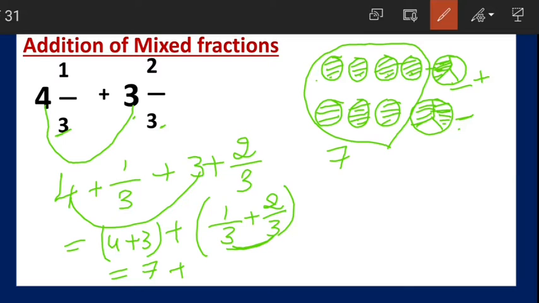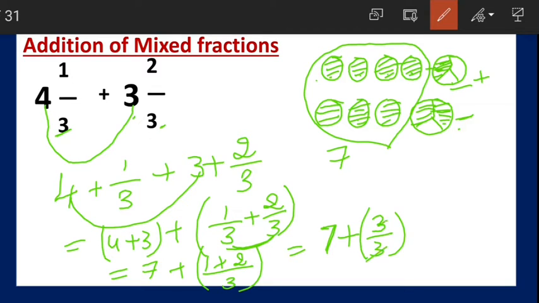Know that this is like fractions, so just add 1 plus 2 by 3, which is nothing but 7 plus 3 by 3. 3 will get cancelled. We get 1. So 7 plus 1, which is equal to 8. Like this, we can add the given mixed fractions.